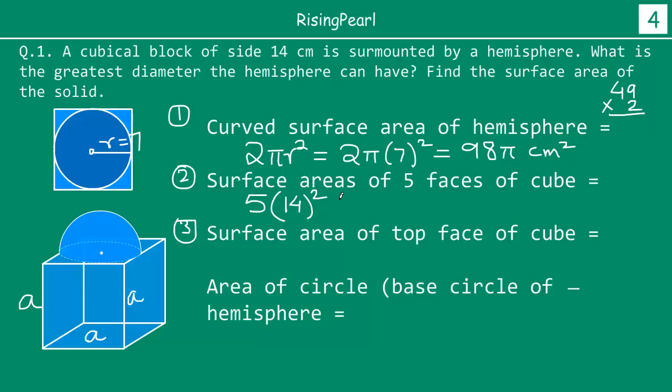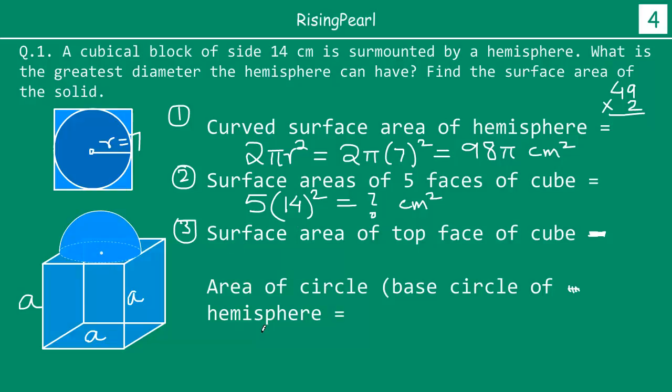So you can find out what this value is, that much centimeter square. Now the surface area of the top face of the cube will be that minus the area of the circle, so the base of the hemisphere, right?